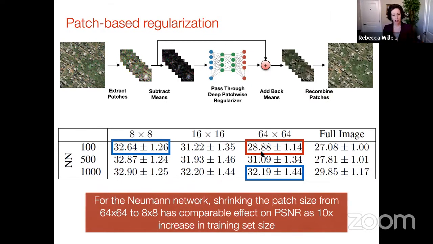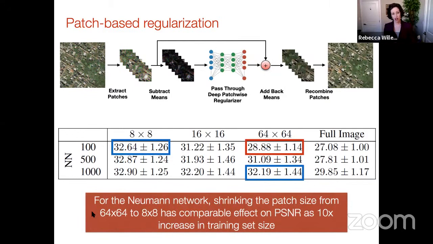But alternatively, I can just keep the 100 images that I already have, but instead of modeling 64 by 64 patches, model 8 by 8 patches. That also gives me the same amount of increase in the PSNR. So in other words, with the Neumann network, shrinking the patch size from 64 by 64 to 8 by 8 has a comparable effect as a 10x increase in training size.